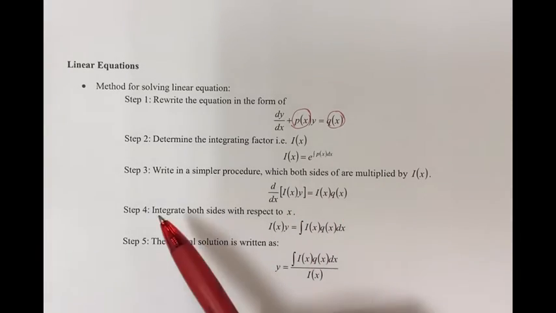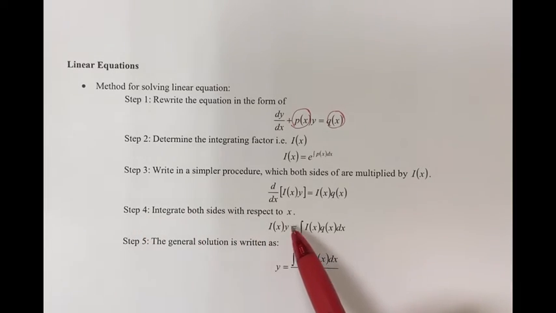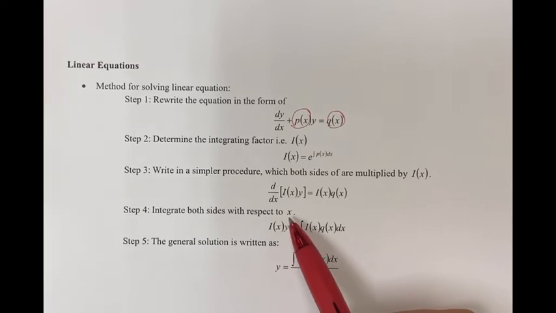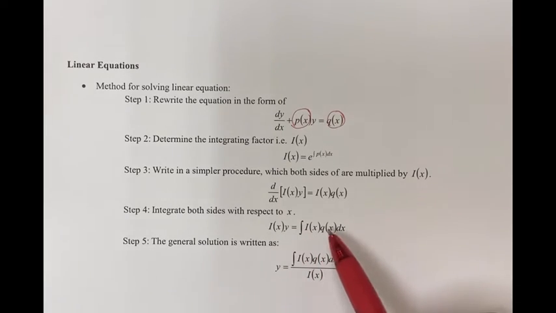Okay, and for the fourth step, you need to do the integration. You apply integration with respect to x on both hand sides, and then do the integration. And the last step, as usual, you need to have y equal to a function of x. You write your y in terms of x.